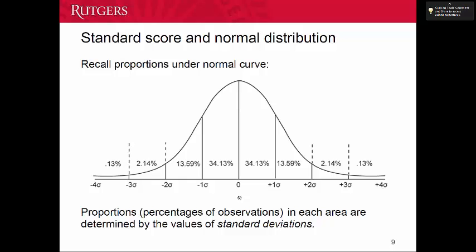So when we convert a value from a normal distribution to its z-score, we measure this value in terms of the number of standard deviations above or below the average of the values. In that way we make the mean 0 and the standard deviation 1. So the z-score can convert any value of a normal distribution to a value in a standard normal distribution.